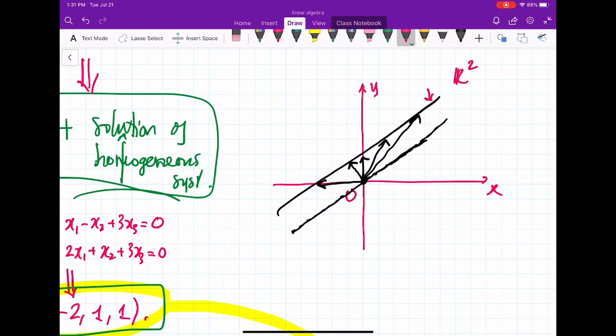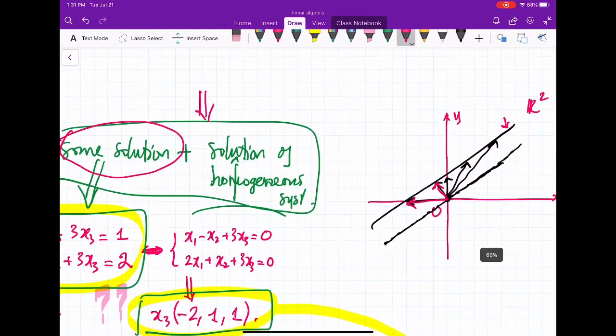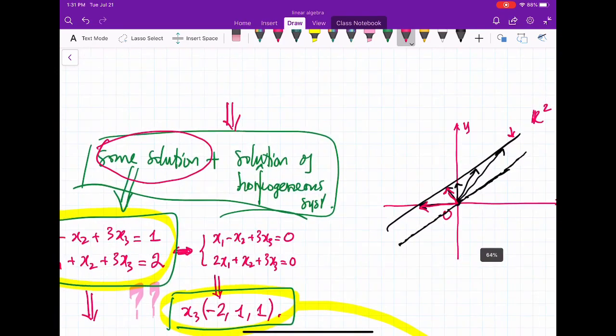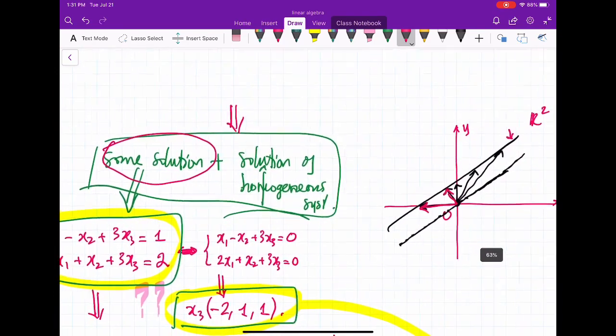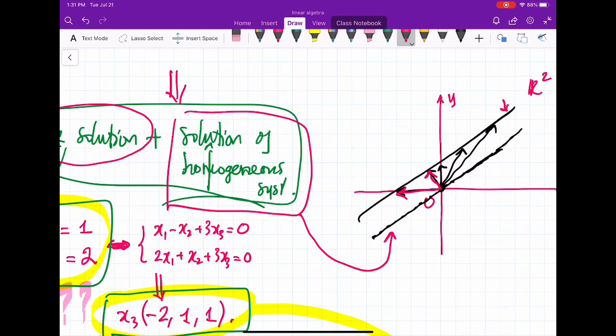Does that make sense? So what are these? They are some solutions of the original system, some particular solutions. So you might have several particular solutions of the original system, but the solution set of the homogeneous system looks like this. That is just only one, which passes through the origin.